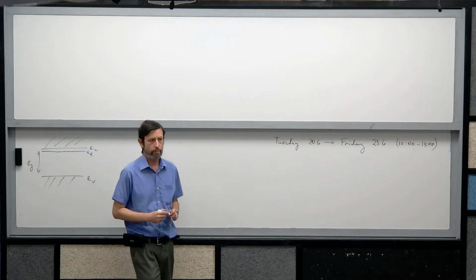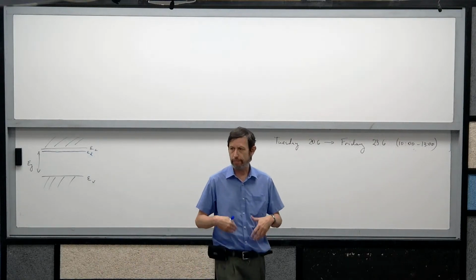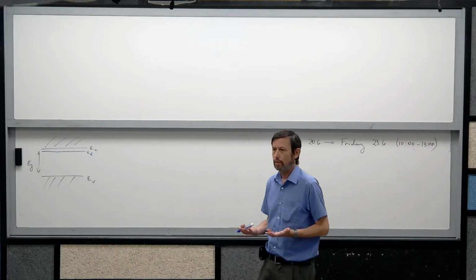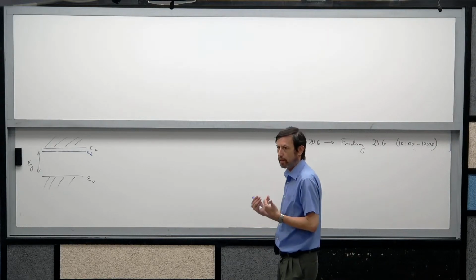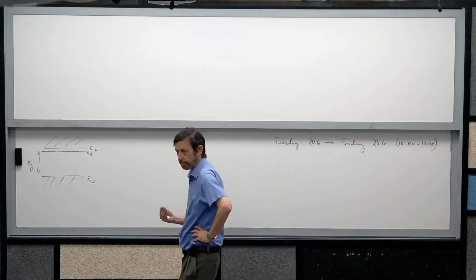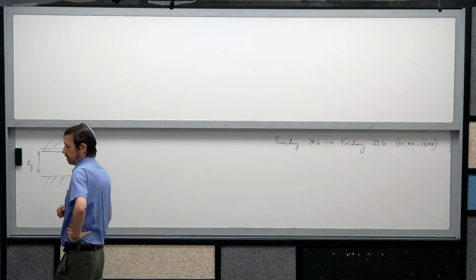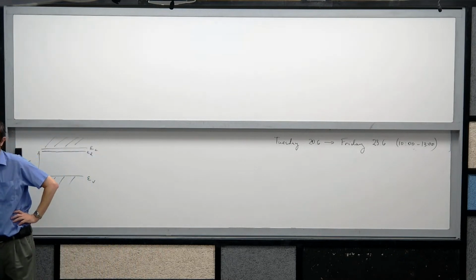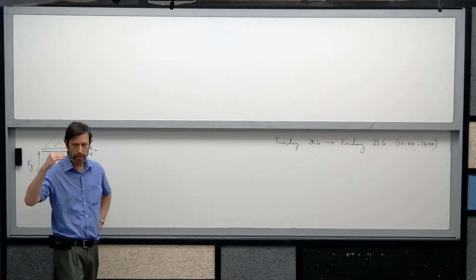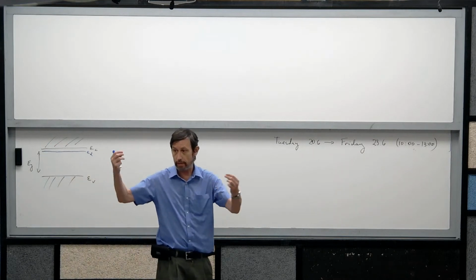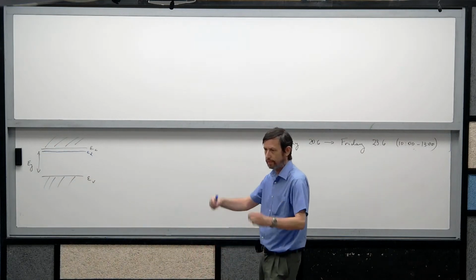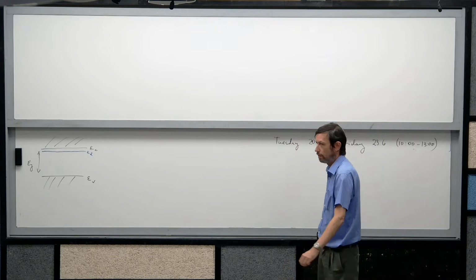So we saw that we have donor states which are a bit below the conduction band. Why are they a bit below? Because they are still attracted to the positive center there.